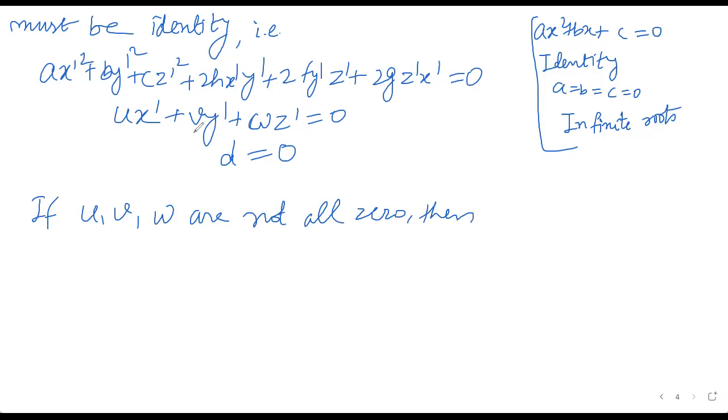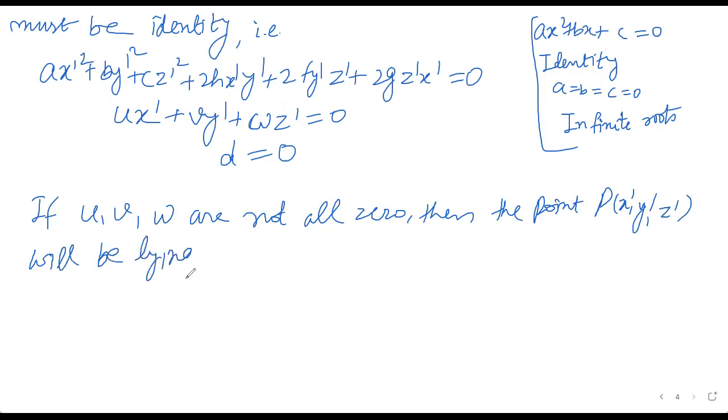This point p, x dash, y dash, z dash, will be lying on the plane ux plus vy plus wz is equal to 0.